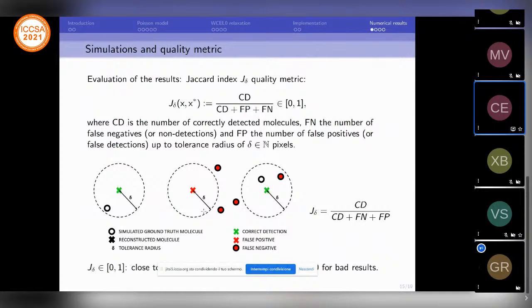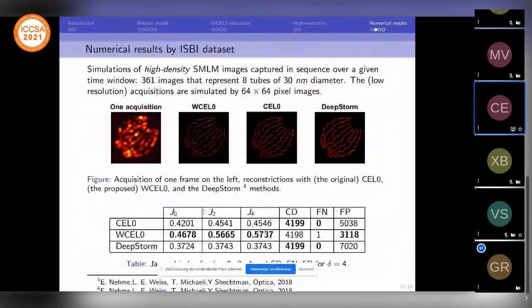If you are close within this tolerance, the molecule can be considered as correctly detected. And we consider here the result of our W CEL0 model. The Jaccard index is higher than the other cases, the basic Gaussian case and the Deep-STORM algorithm.